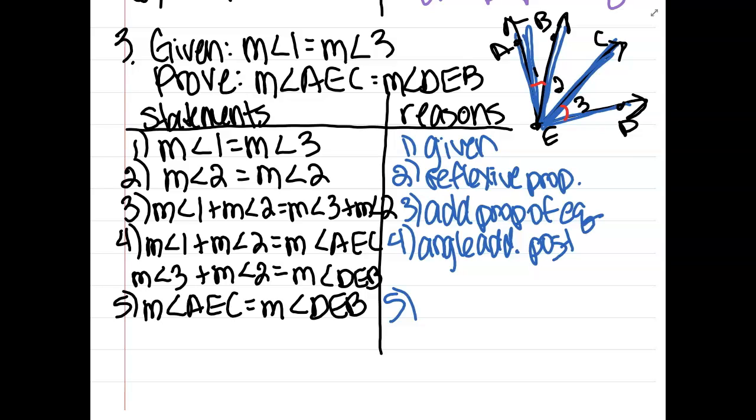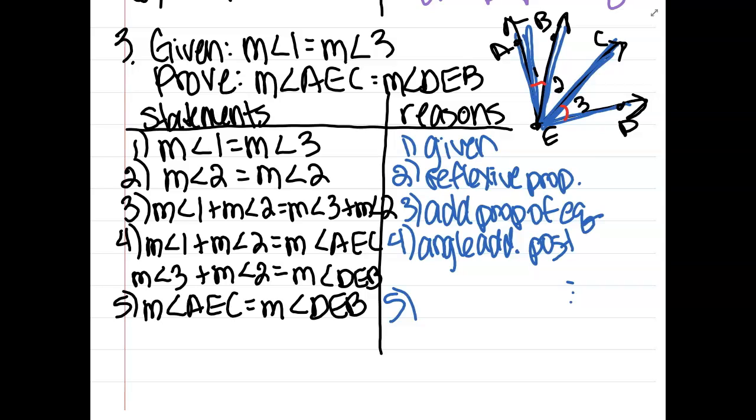So it's not the transitive property. Anybody have a guess? And it's not the symmetric property. The symmetric property has to be the exact same thing on both sides, just flipped. This is the substitution property.